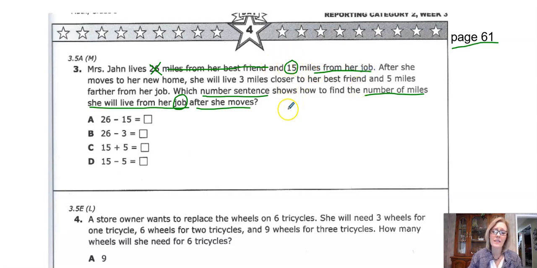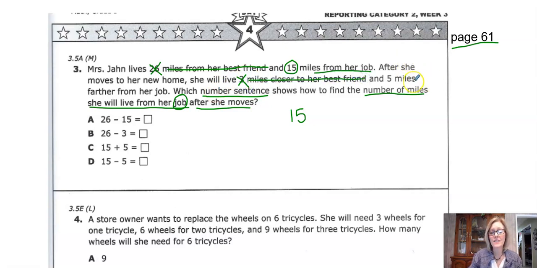So at the beginning, she was 15 miles from her job. And after she moved, she's going to be 3 miles closer to her best friend. But we only want the job information. So I don't need the best friend stuff.